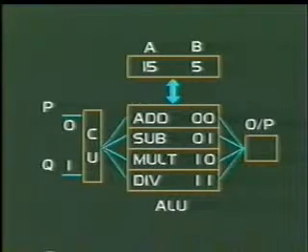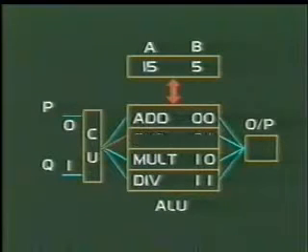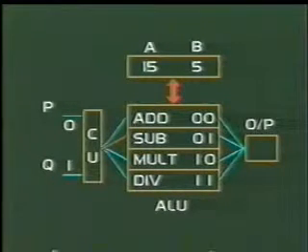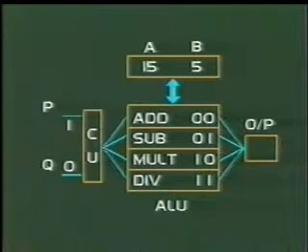Now, if we make the inputs 0, 1, subtractor is selected. And the output, that is 15 minus 5 equal to 10, appears on the output device. Let us make the input 1, 0.